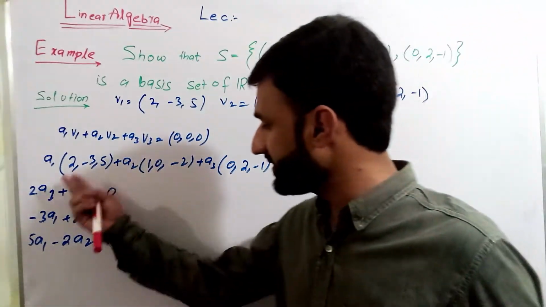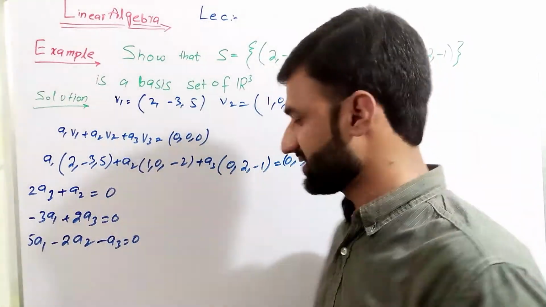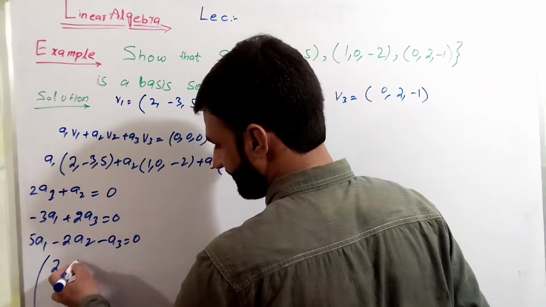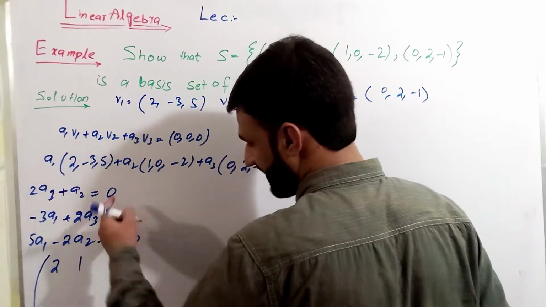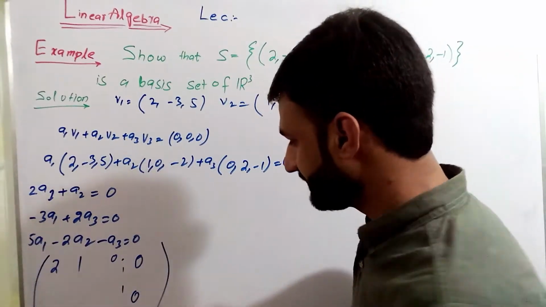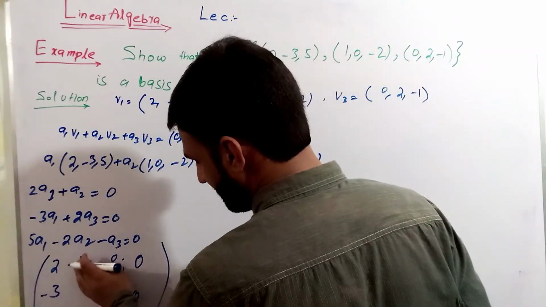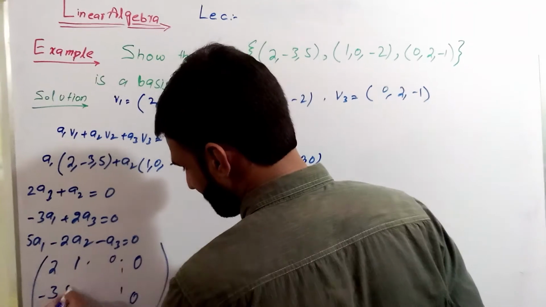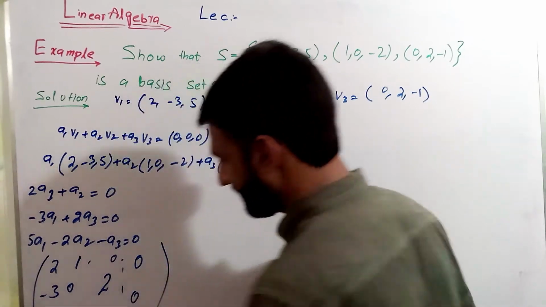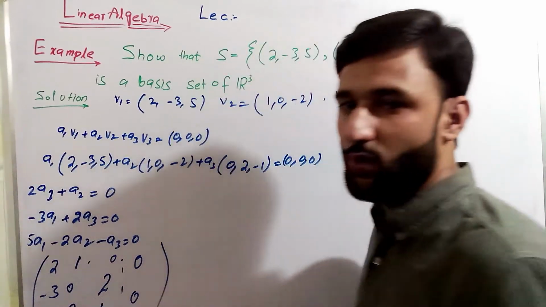We can't solve it by simultaneous equations, so I'm going to write it in the augmented matrix form. The rows are 2, 1, 0; then -3, 0, 2; then 5, -2, -1, with the constants on the right side.